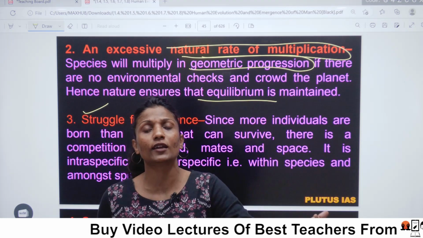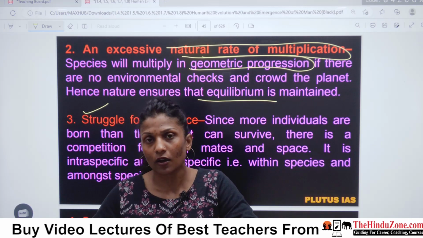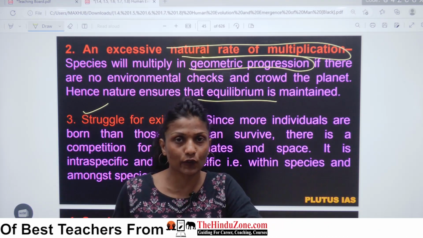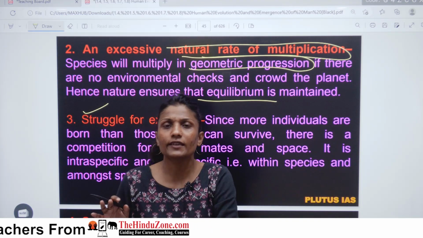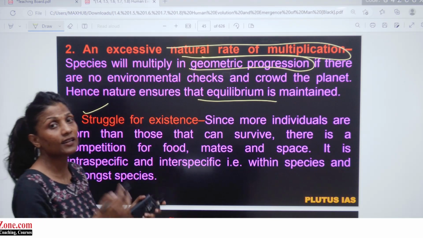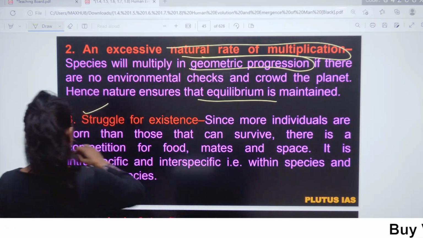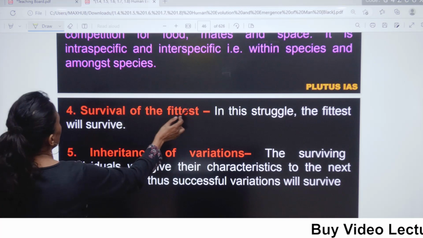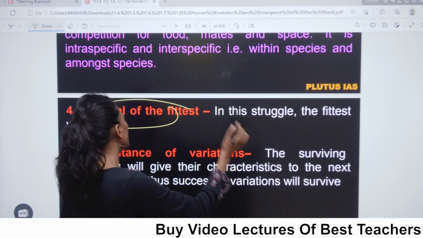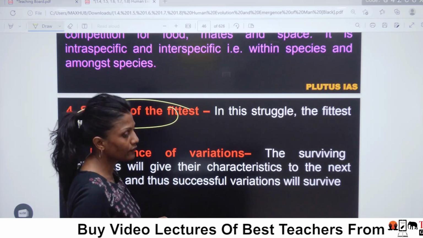So evolution theory, which is the later part in your paper 2, you can understand very well if you can understand Darwin's theory. Okay, so yes, as I was telling you the principles, struggle for existence is Darwin's third principle. And then we have survival of the fittest. So he said that in this struggle, those who are fit, they will survive.